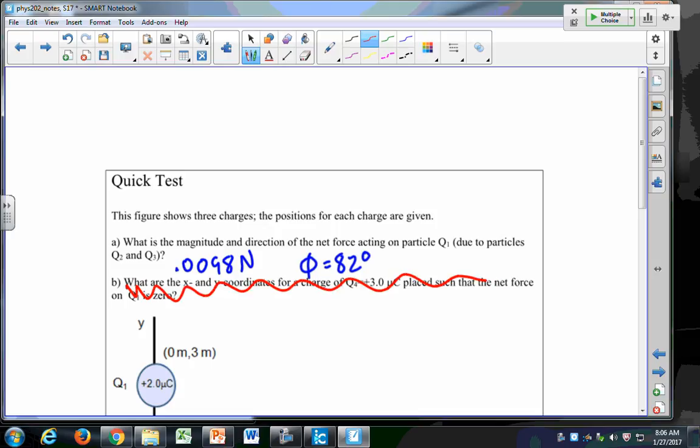You might see some conceptual problems where it asks, where can I put another charge such that the force on it will be 0? We'll see some of those later, but don't sweat it right now as to having to calculate for that. Okay, but do know how to add up two vectors like we've been doing. Okay? All right.